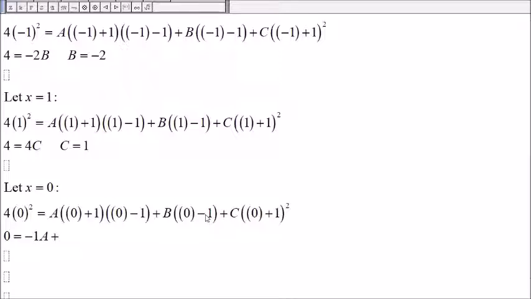This will be -1b. And then this will be 1c. But b is -2 and c is 1.